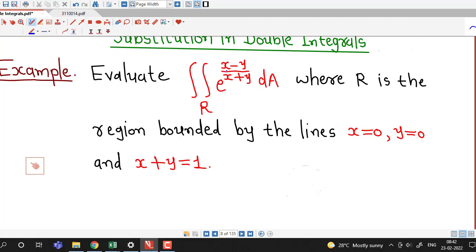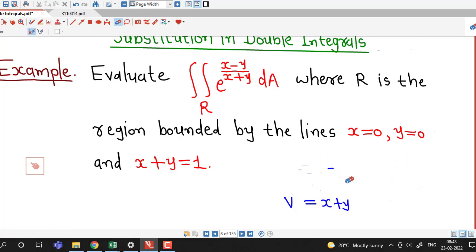From this function we get the idea that we can change the variables x and y to new variables by taking x minus y equal to u and x plus y equal to v. If I apply this change of variables, my function will be e to the power u by v, and this is very easy to integrate with respect to either u or v.